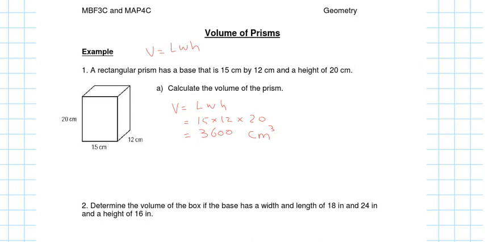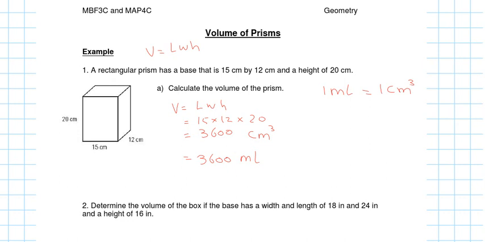As you can see on this conversion sheet, 1 milliliter is 1 centimeter cube. Do you guys see that? So 1 milliliter is equivalent to 1 centimeter cube. So this is basically the same thing as 3,600 milliliters, because my conversion is 1 milliliter equals 1 centimeter cube. How many liters would that be? 3.6, right?